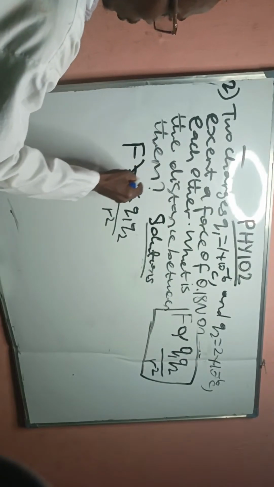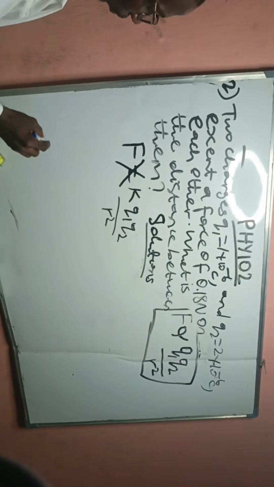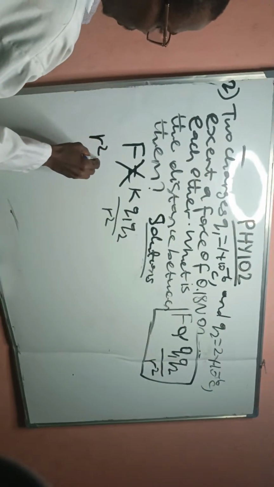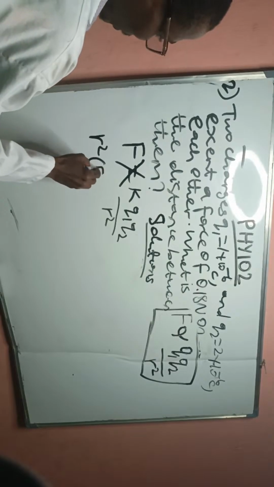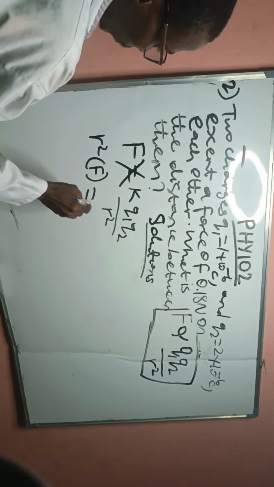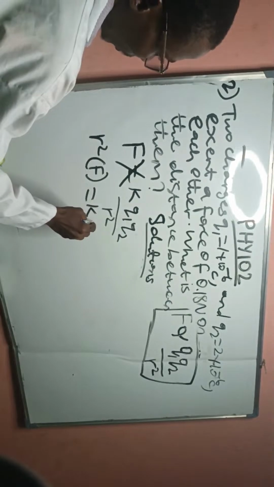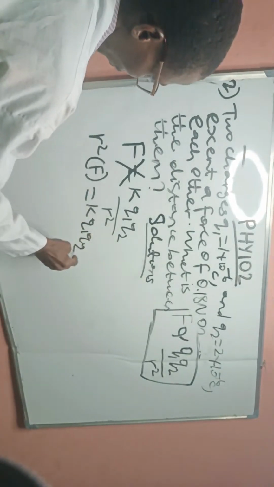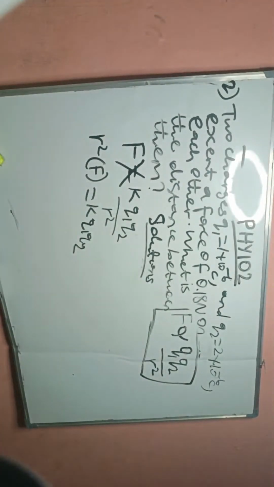We have to cross multiply. And when we cross multiply, we now have R squared times F is equal to K Q1 Q2. Please pay attention.